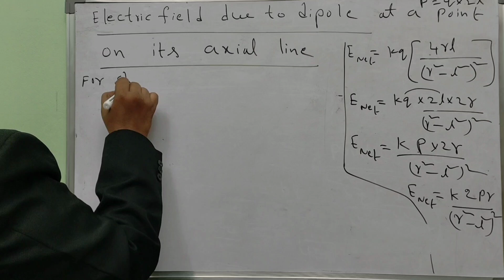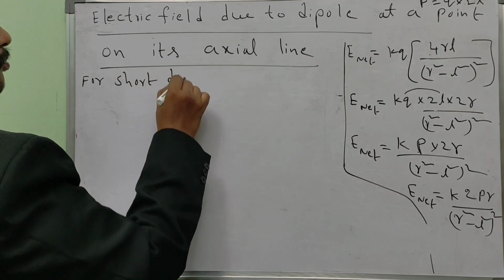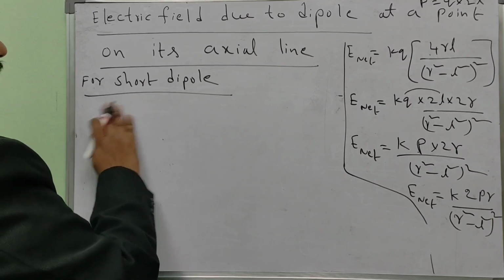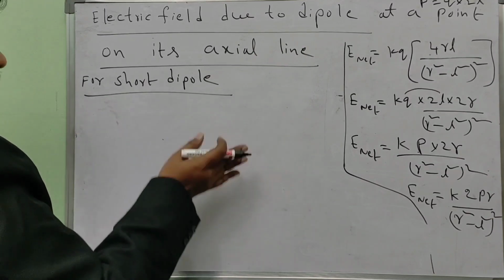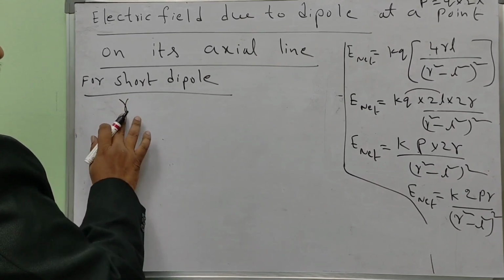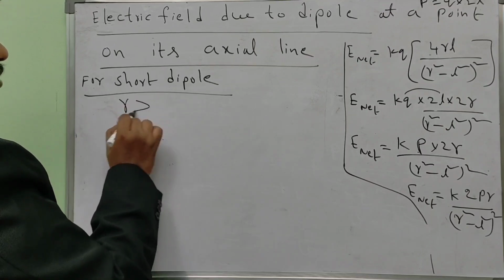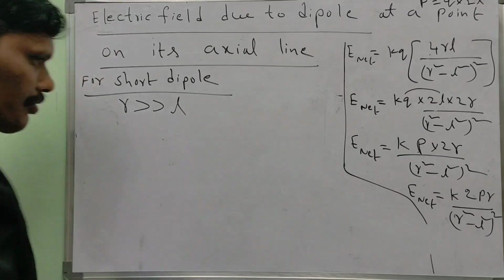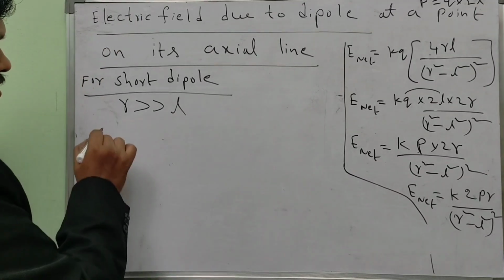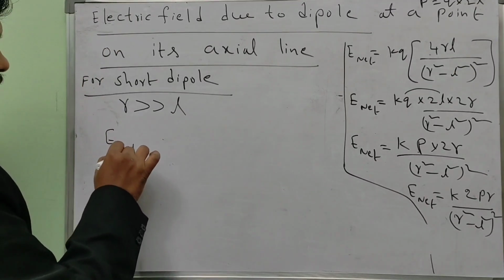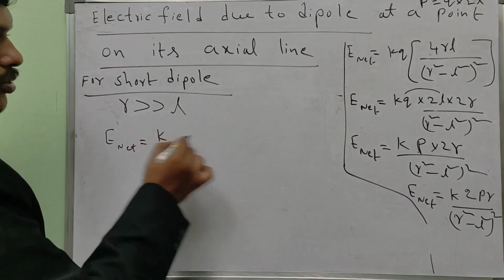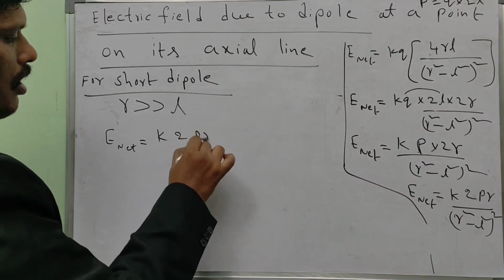For a short dipole, when we call it a short dipole, suppose the distance of the point from the dipole is very much greater than L, we call it a short dipole. In this situation, E net at any point x is equal to K into 2PR.